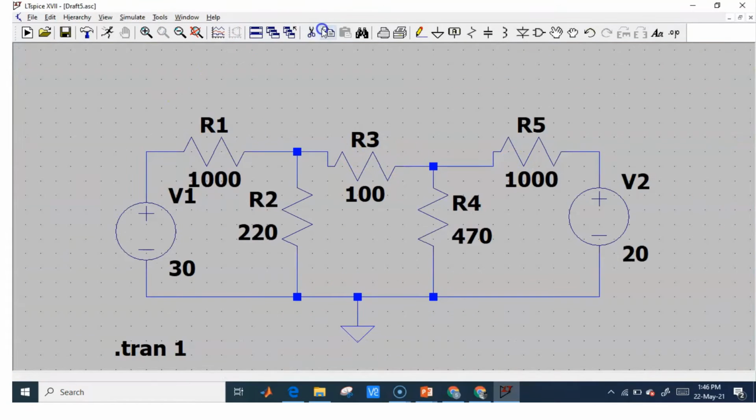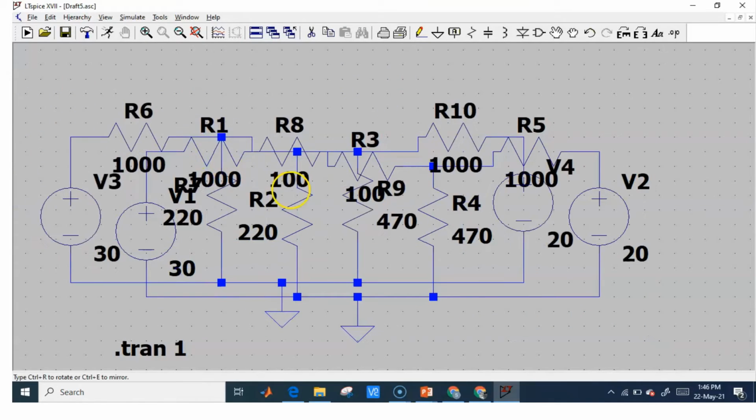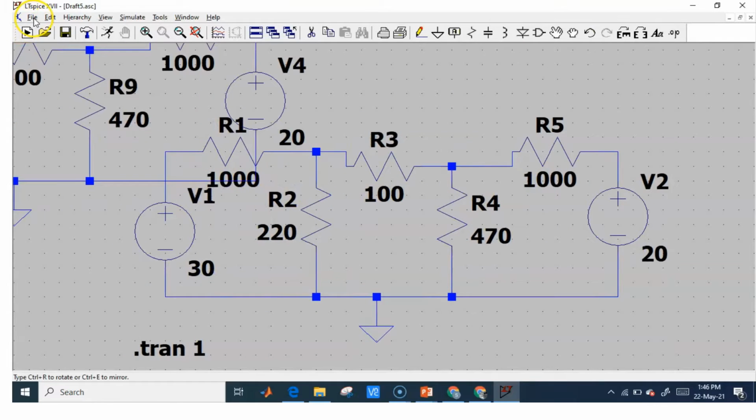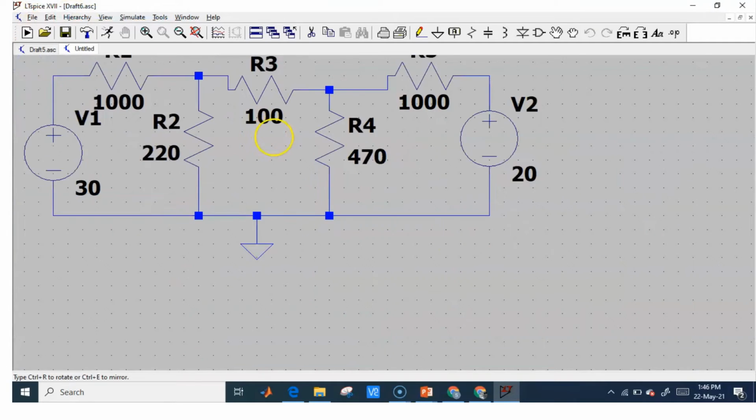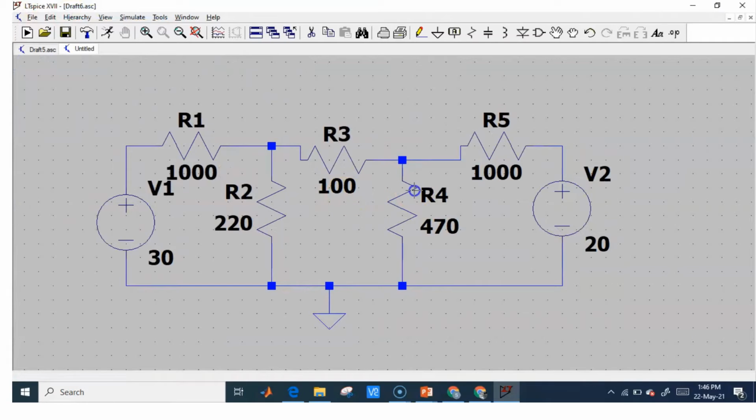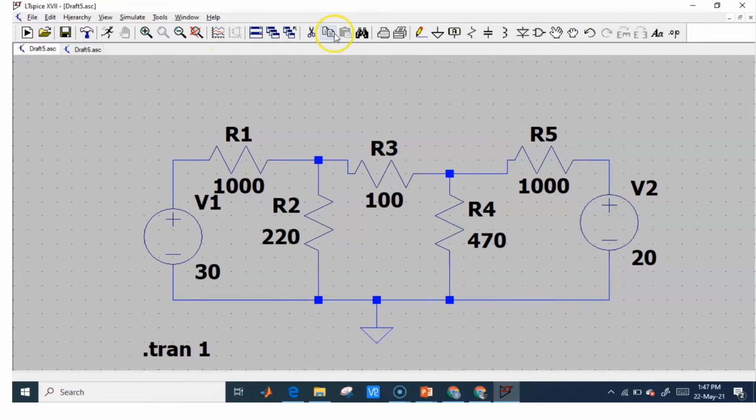Now let me copy this circuit and I'll keep it in a new page. Here let us short the 20 volt power supply. And also let me again copy this and paste it in one more.